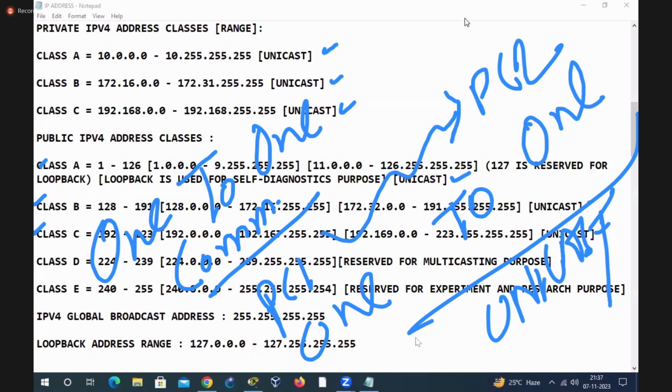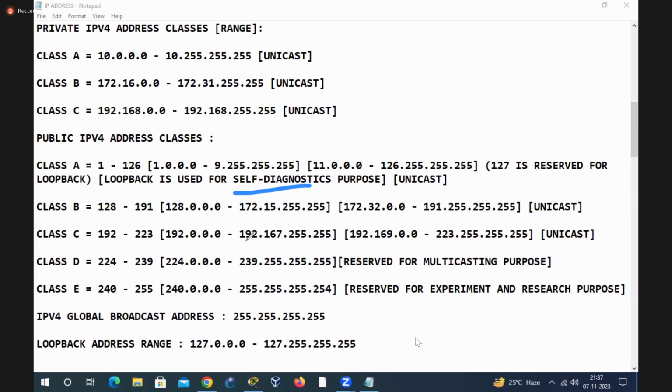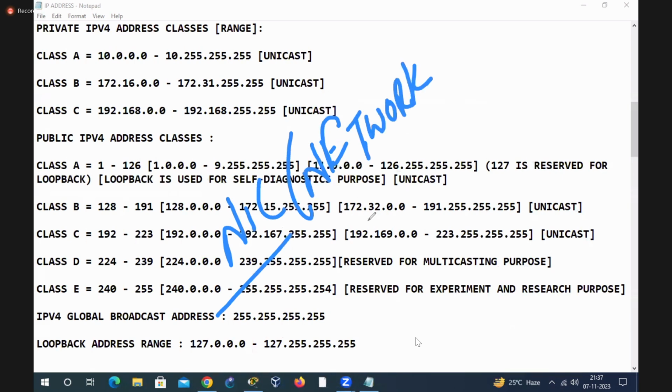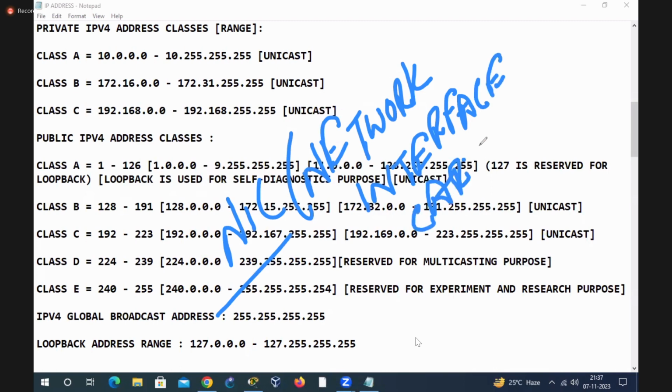So what is actually self-diagnostics? Self-diagnostics involves performing a NIC check. NIC means your network interface card or controller, which is always needed for network communication. If your network interface card is working, then only you can communicate with another machine.